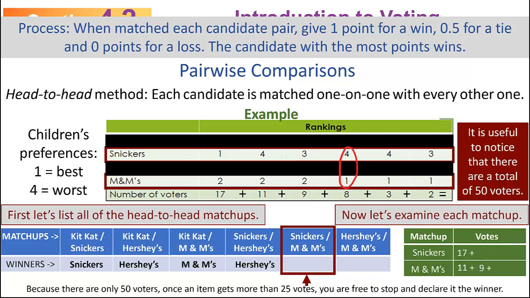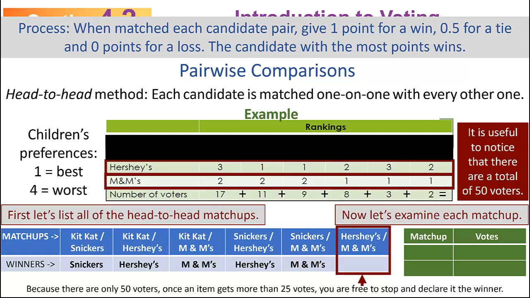In the next column, 1 beats 4, so M&M's wins yet again those 8 votes. If you notice, 11 plus 9 plus 8 is 28, and that's more than half. You only need 26 to get a majority. That means that M&M's wins the matchup and moves to the last matchup, which is Hershey's versus M&M's.